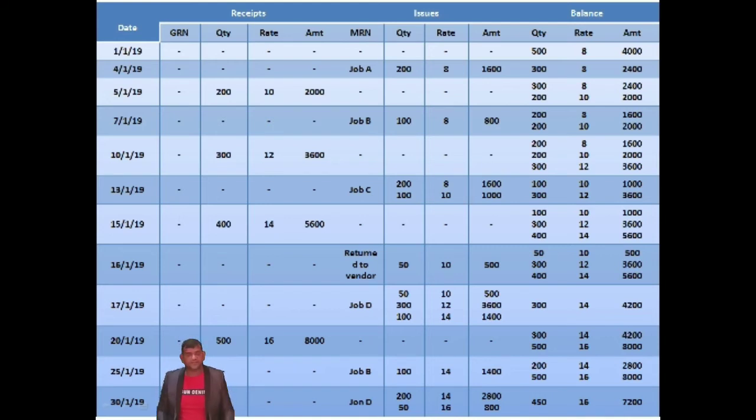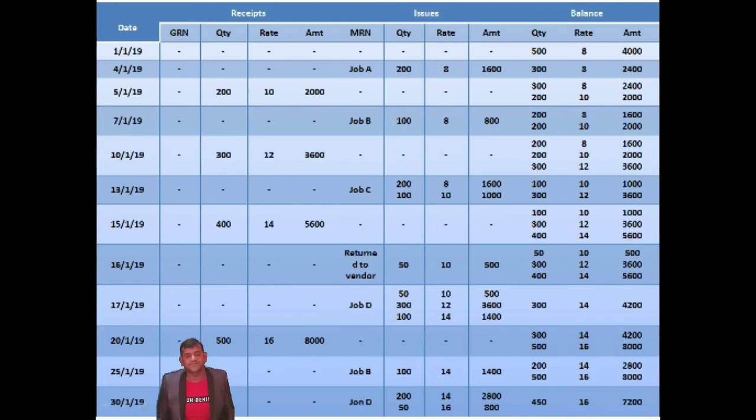So next we are moving on to the 17th January 2019. So there was an issue. When there is an issue, in the receipts column, that is GRN nil, quantity nil, rate nil, amount also nil. So go to the issues column, under the MRN column write down job D, then the number of units we are supposed to issue, that is 450 units.